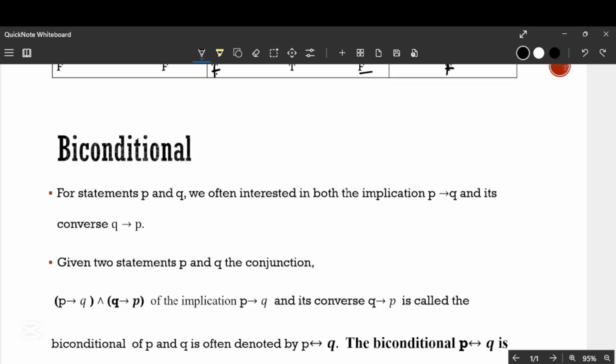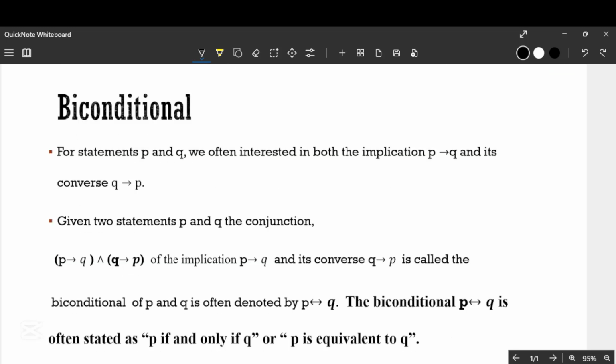There's another interesting one called biconditional. For statements P and Q, we are interested in both the implication and its converse. So P implies Q, and its converse is Q implies P. When we put these two together, we have what is called a biconditional.